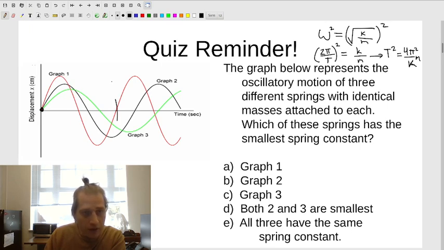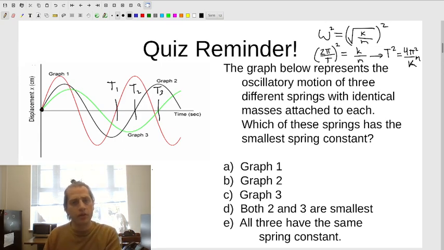So there's my T1 for graph 1. Then for graph 2, that's the black line here. We can go all the way up, all the way back. There's my T2. And then my green line, all the way up, all the way back, and there's T3. Okay, so we have T1, T2, T3, and apparently T1 is less than T2 is less than T3.